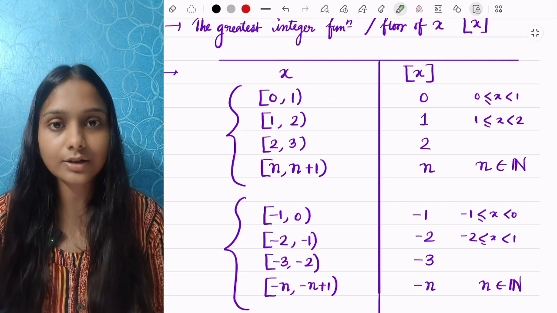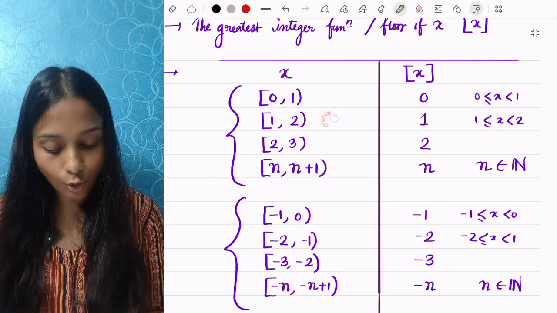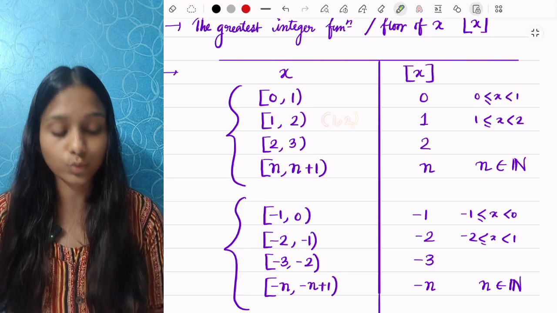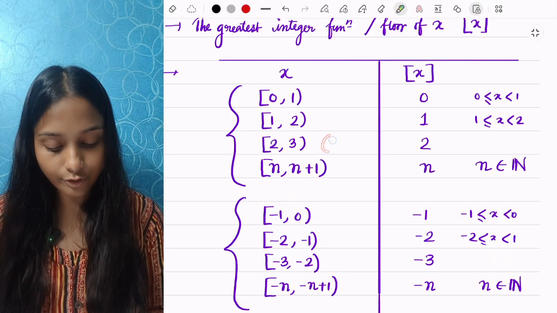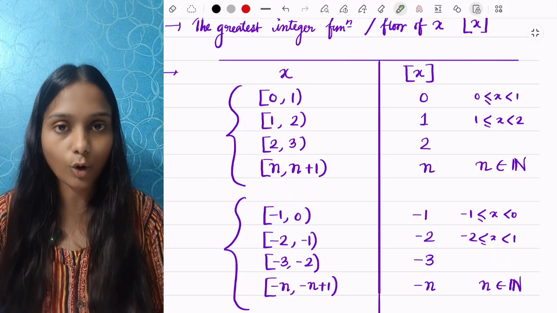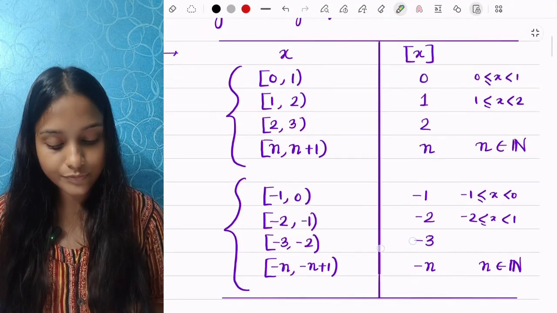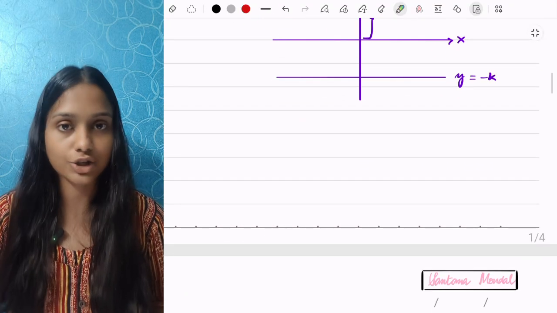So there is a constant value, so the limit must exist. Similarly for the open interval 1 to 2, there is a constant value, so the limit must exist. Similarly for 2 to 3, there is a constant value. So the limit exists all throughout 2 to 3. Okay. So the limit must exist for any value other than integer values.